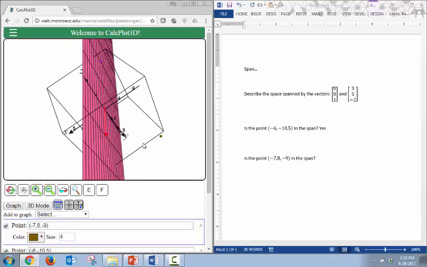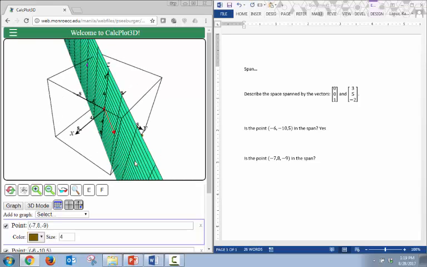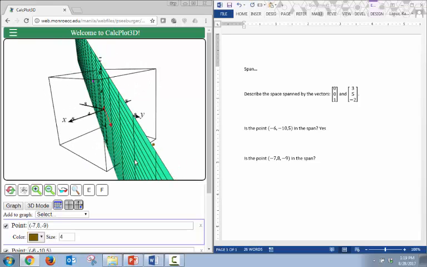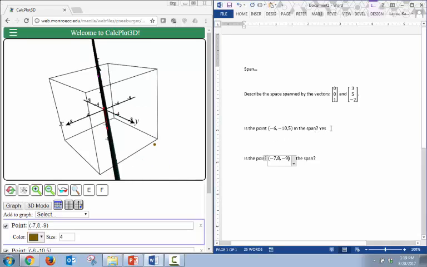Otherwise, we'd say in the plane. Well, saying that it's in the span in this particular example is saying it's also on the plane. So the span that the vectors make is a plane, it's the entire plane. For this example, if we have two vectors in 3 dimensions in R3, then the span is the same as the plane.